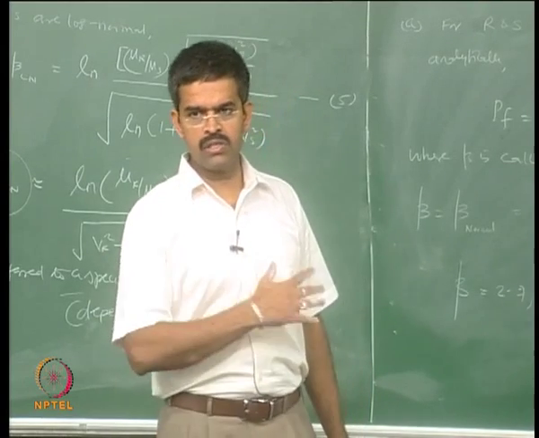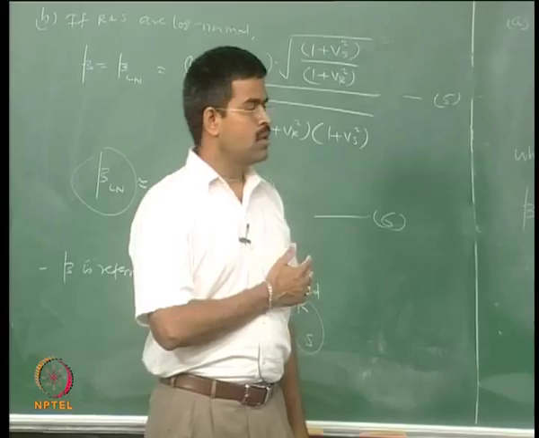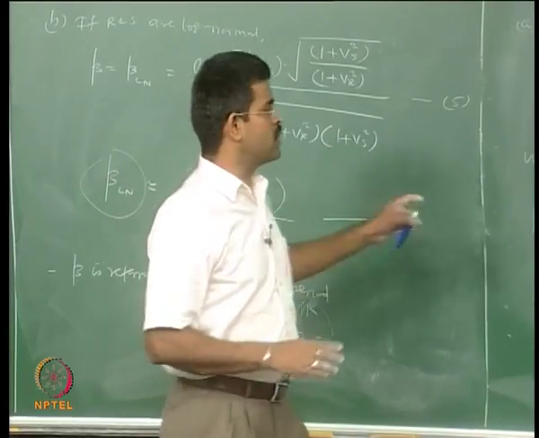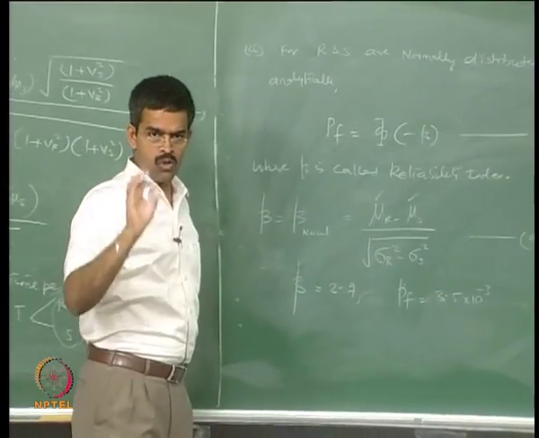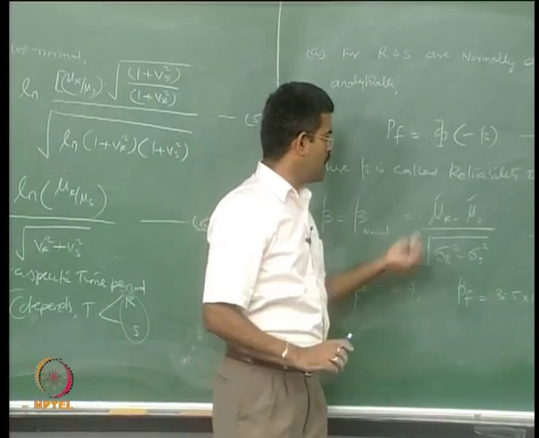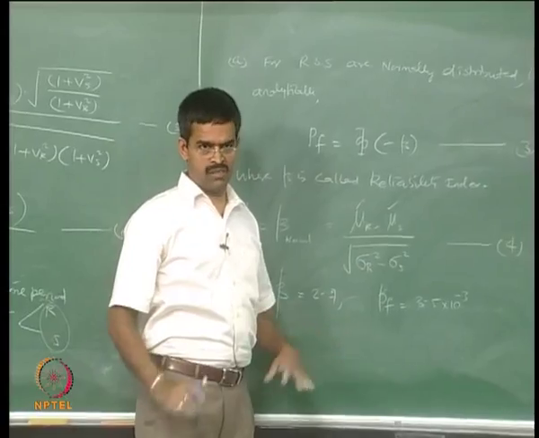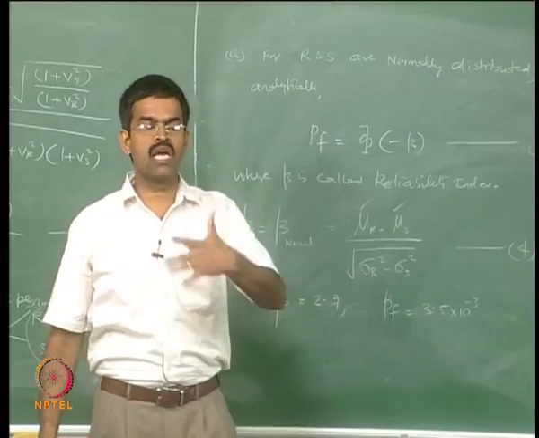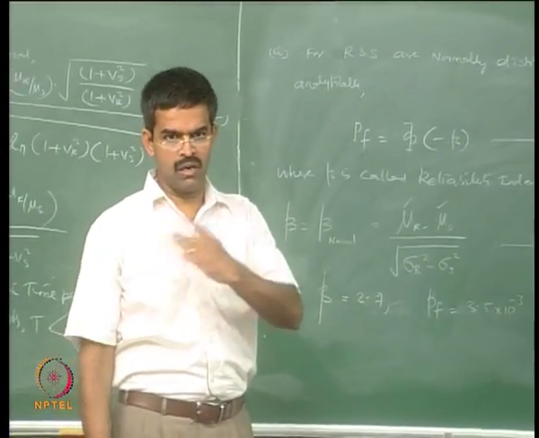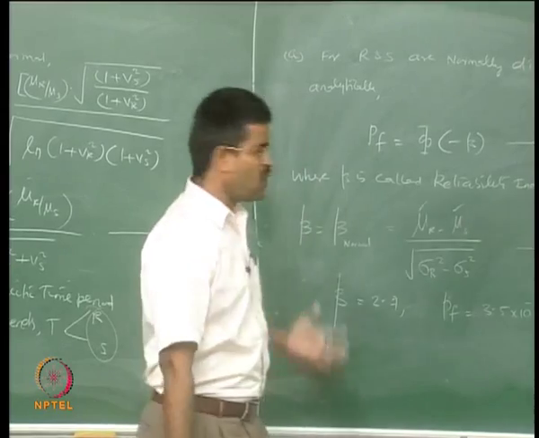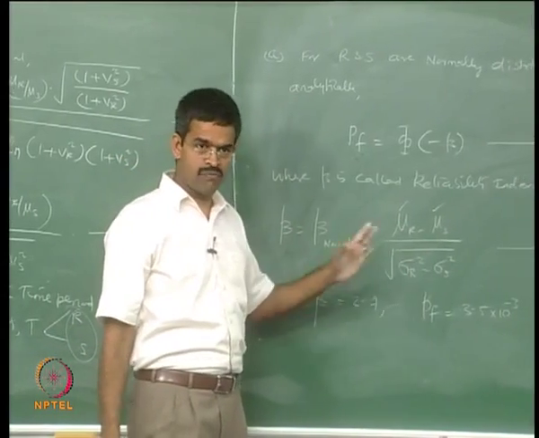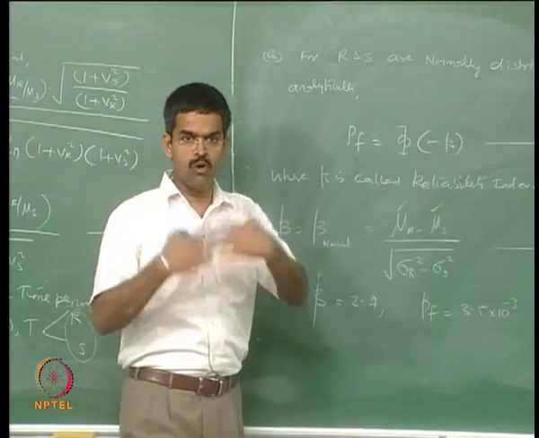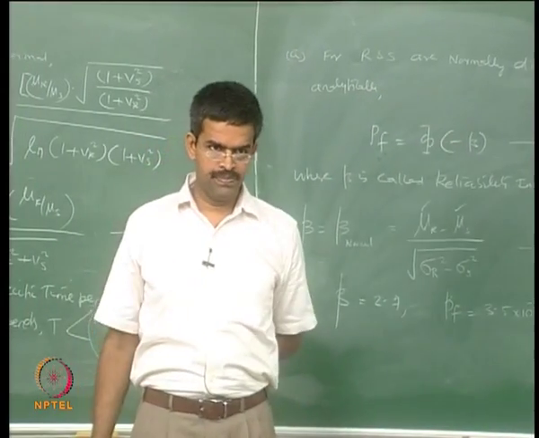Do you have any questions now? So, reliability problem or probability of failure is as simple as that. For a given set of variables you must know essentially mean, standard deviation and variance, what we call the first order second moment method. We will talk about that later, FOSM methods. If you know them, you can easily find the beta from the expressions given if they are assumed to be normally distributed.